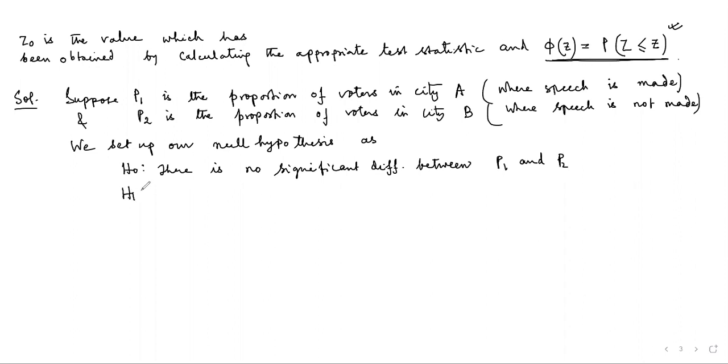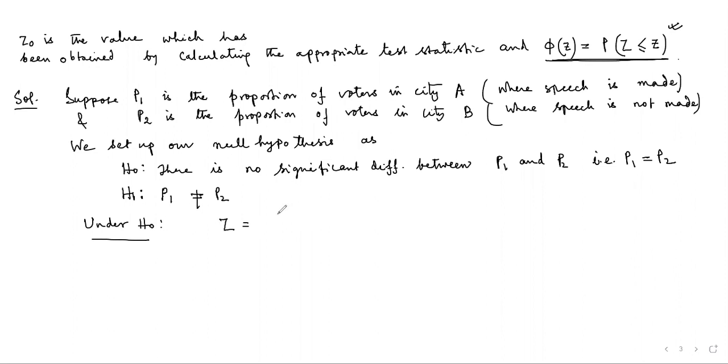And the alternative hypothesis, H1, is that P1 is not equal to P2. When I say that there is no significant difference between P1 and P2, we actually mean that P1 and P2 are the same. Under this null hypothesis, your Z is actually given by the following formula.